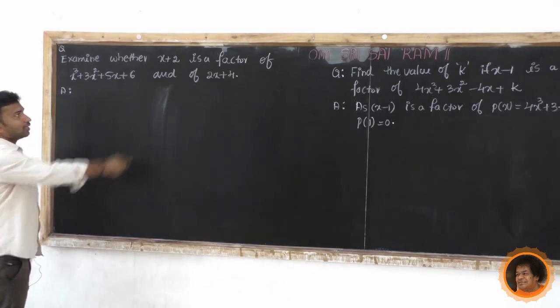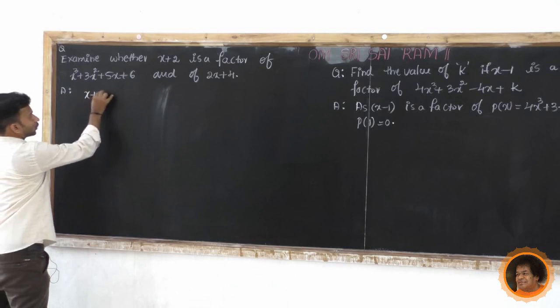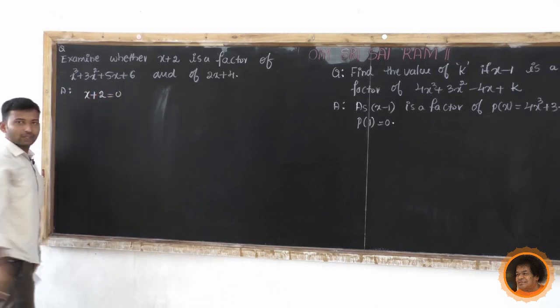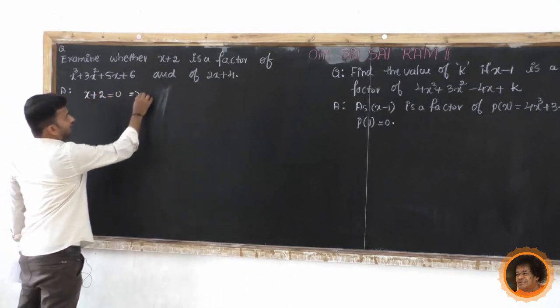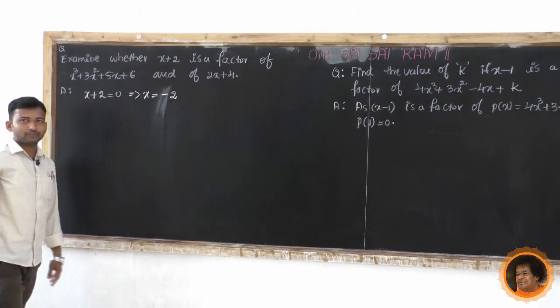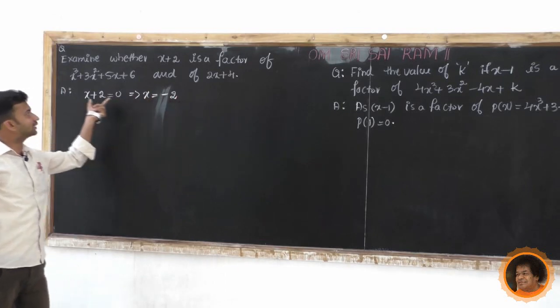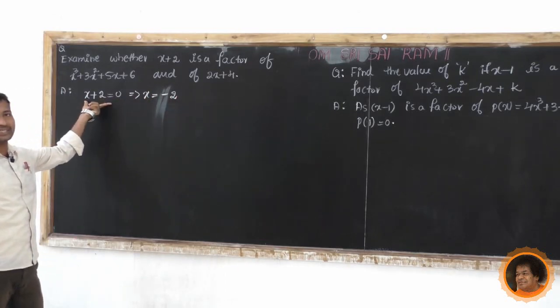We should find the zero of the polynomial x plus 2. x plus 2 is equal to 0, which implies by solving, x is equal to minus 2. So we say that minus 2 is the zero of the polynomial x plus 2.